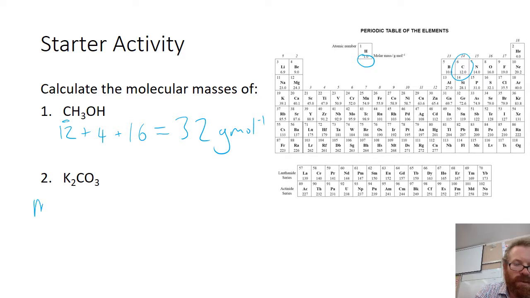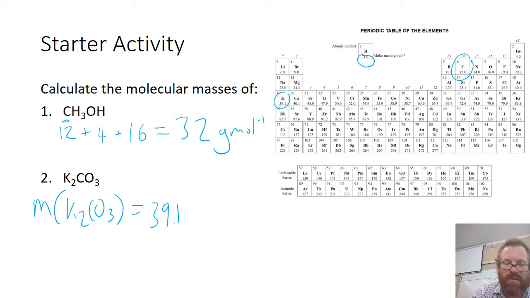Now, for example, molar mass of potassium carbonate. We've got 2 lots of potassium. I'm going to start using this periodic table, which sometimes has decimal places, because that's what we will have in the exams.